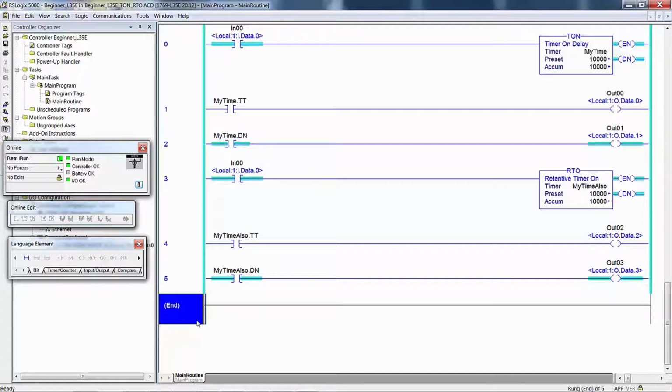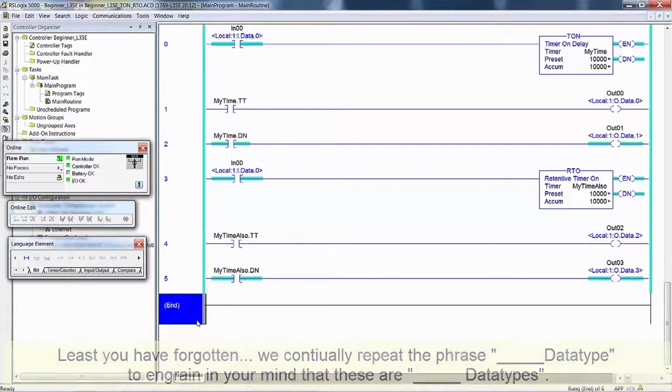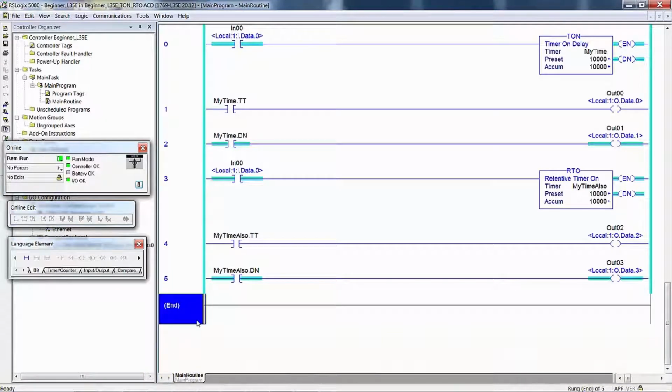Did the done bit set to 1 when the accum of both instances equal the preset? Yes. Did you see any hint of a difference in behavior between a TON addressing a timer data type and an RTO addressing a timer data type from the instant that you enabled them until their accumulates equaled their presets and the done bits were set to 1? No, you should not have seen any difference.